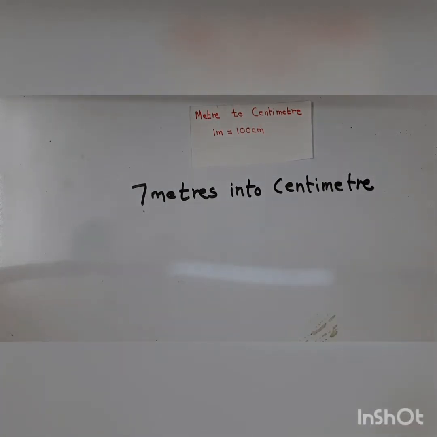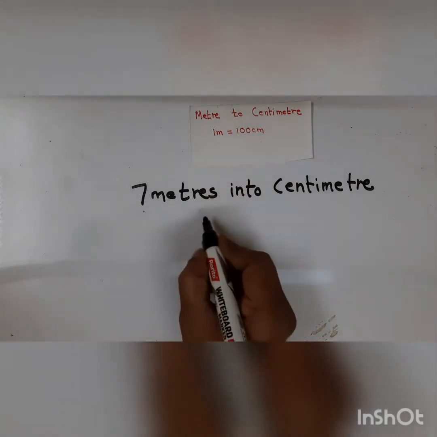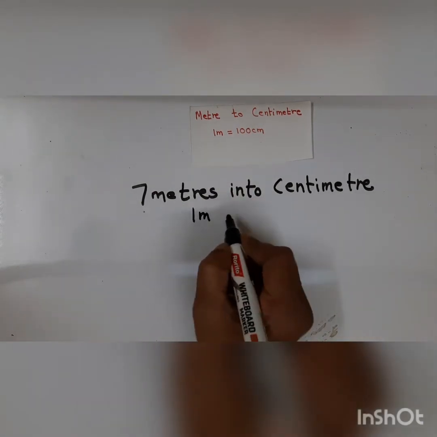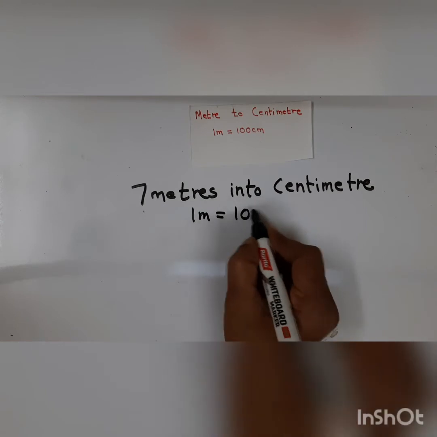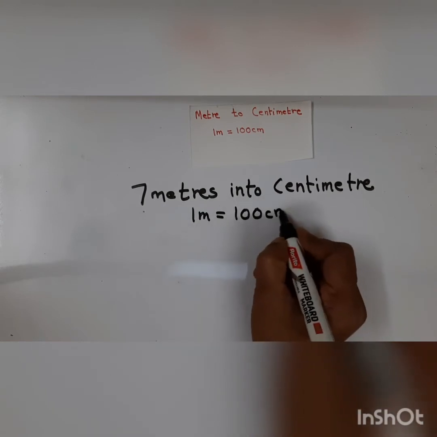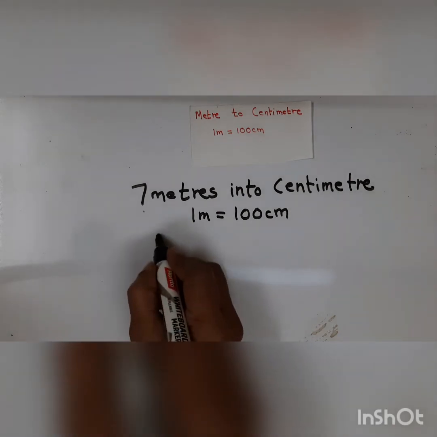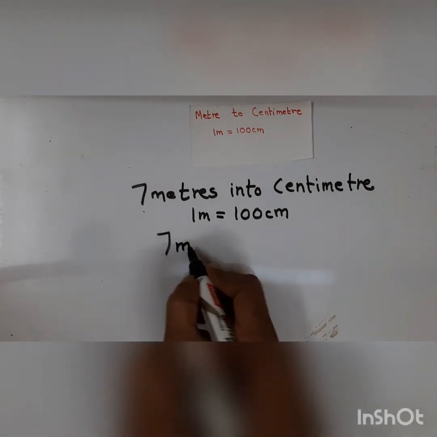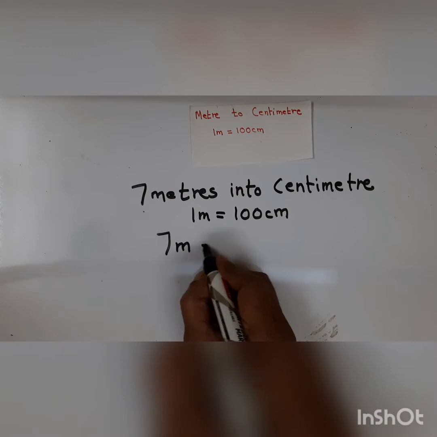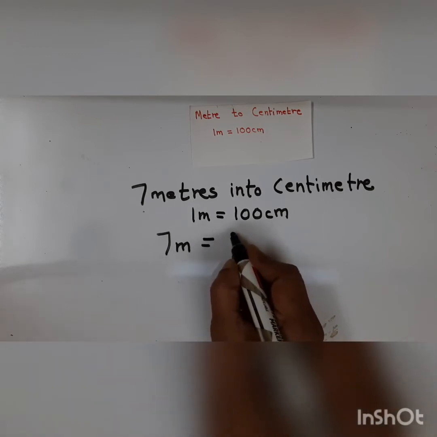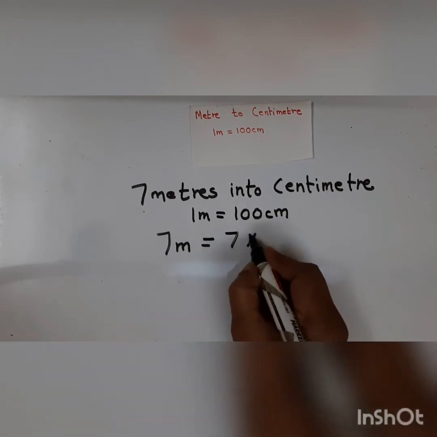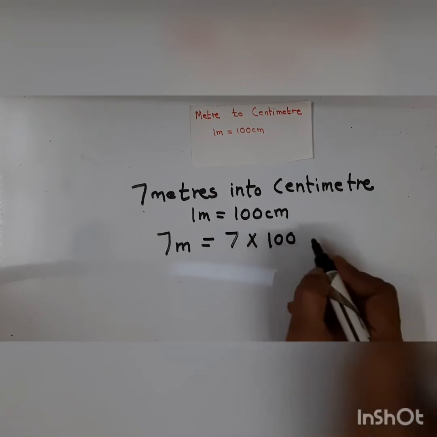So what's my formula? 1 m is equal to 100 cm. What is that m? Meter. So what do I need to do? I need to multiply. 7 meters is equal to 7 into 100 cm.